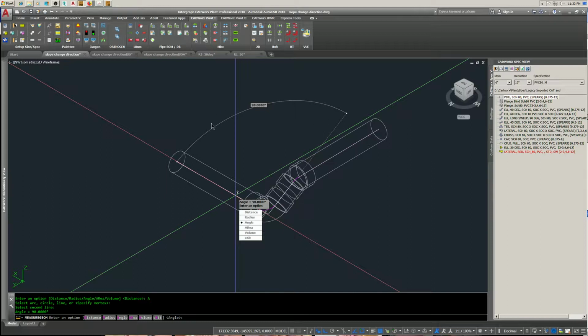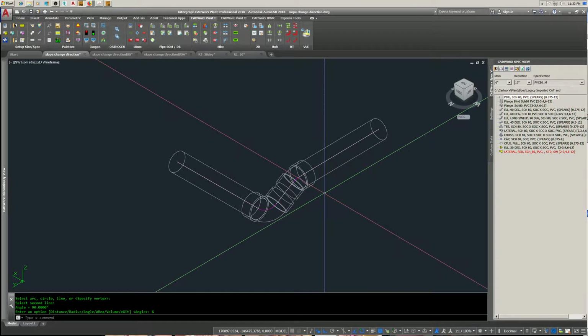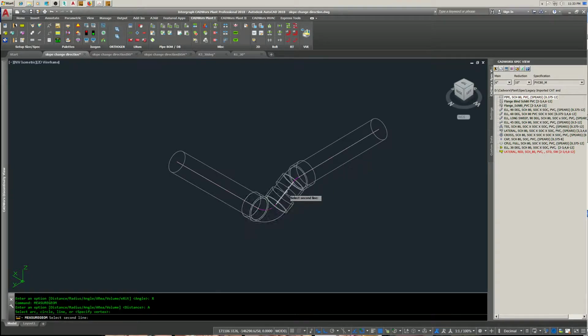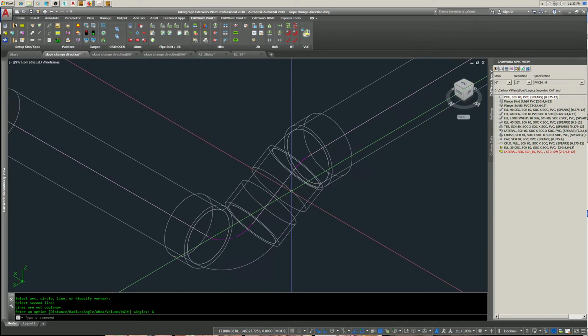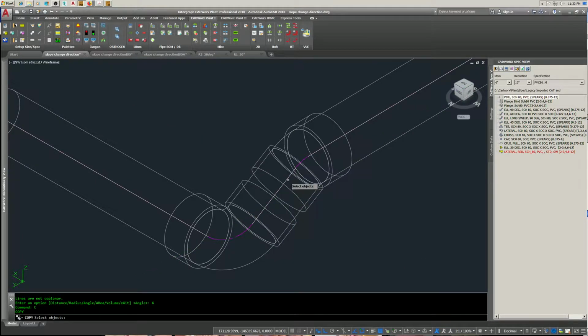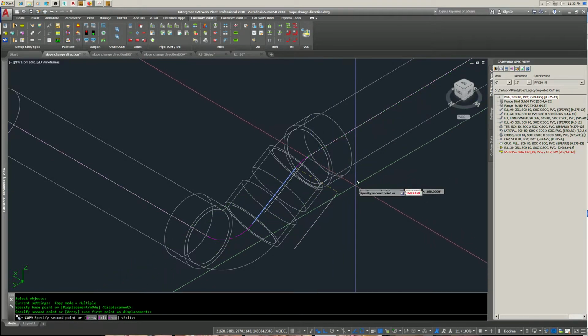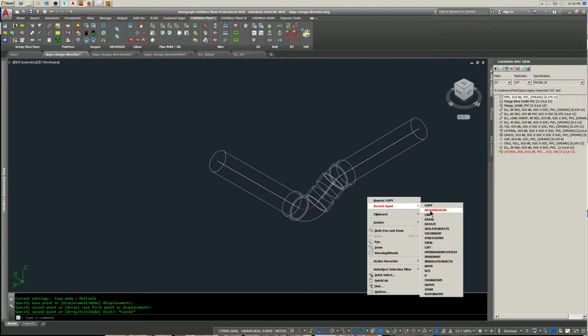This has to be 90 degrees. This is a 90-degree socket, so the pipes have to be 90 degrees, right? Not coplanar. So the way to get around that, just copy this center line pipe or marker over to that endpoint. I'll do measure again.